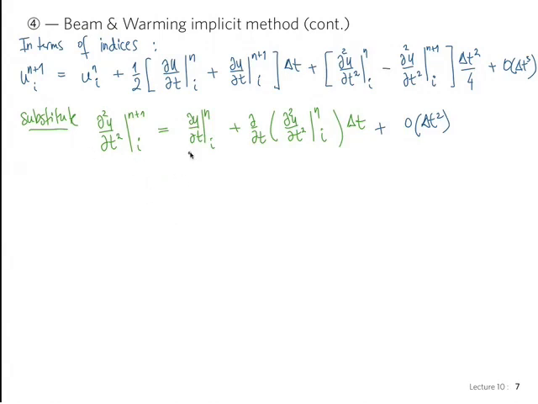Now, when I put this back in here, notice that this term, which has a delta t, when multiplied by the delta t half, is going to be a delta t cubed that I can just bundle up with all my higher order terms. And so it doesn't matter, right? So we're going to get u n plus 1 I equals u n I plus.